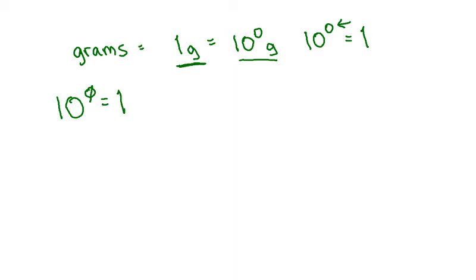So that 1 could be 1 gram, 1 meter, and so on. Whatever the metric unit of measurement is. So we have grams, which is weight or mass.